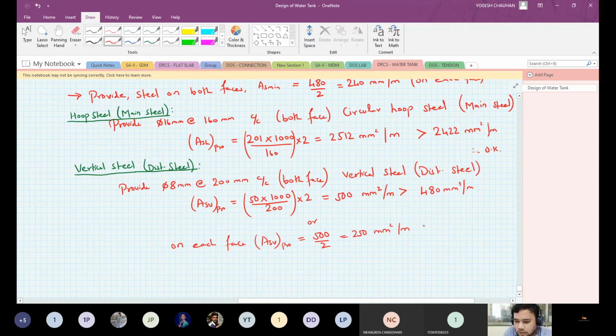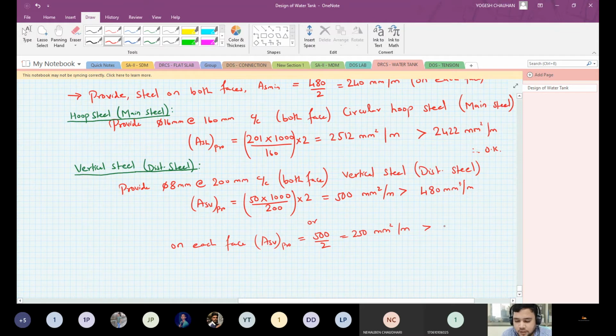Also you can ensure that this is more than the per face required minimum steel, that is 240 mm square per meter. Okay, so we have now designed the section.